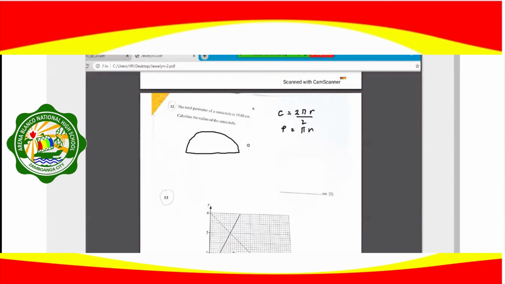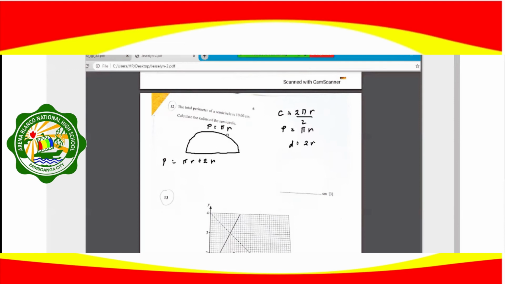Correct? Yes. Okay, so P here is pi r, but it says there calculate the radius, right? For the total perimeter of the semicircle, this is only the arc. We have to calculate also the diameter. And we know that the diameter is twice your radius. Correct? Yes. So to get the total perimeter is equals to pi r plus 2r.